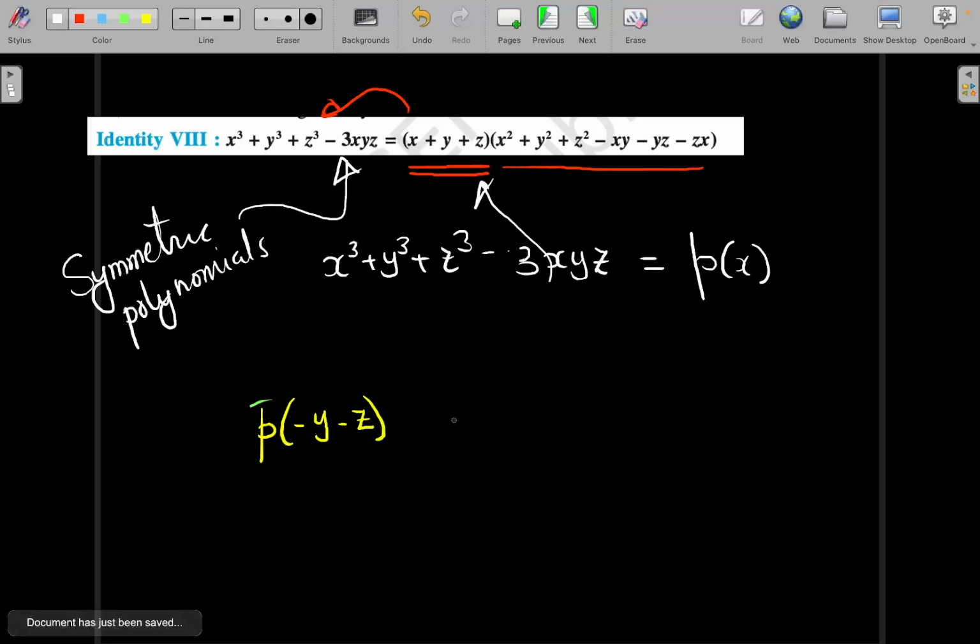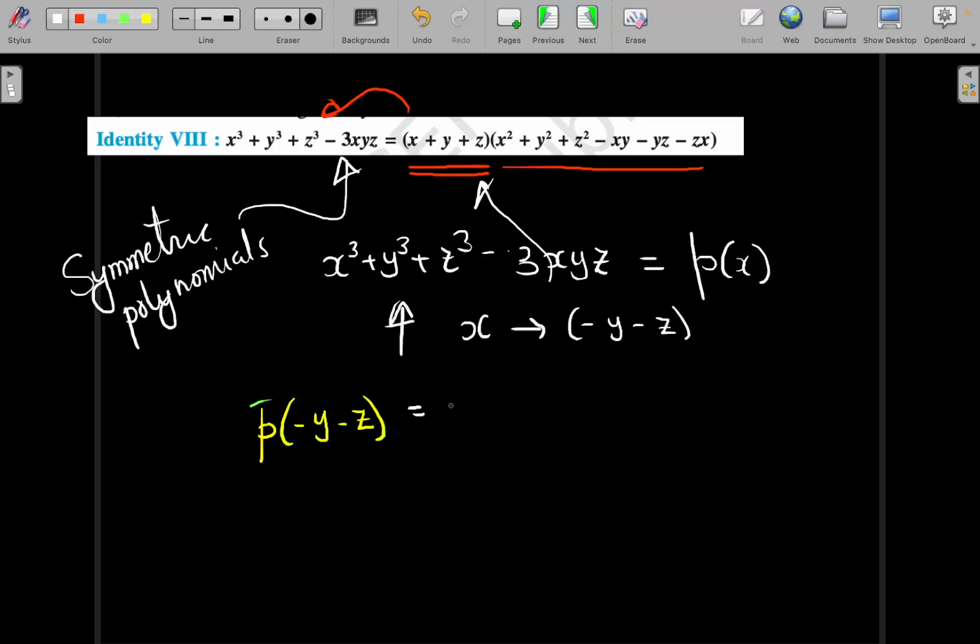Okay, so here it is. I want to evaluate p of minus y minus z, which in this polynomial means wherever there is x, you replace it with minus y minus z. It's a polynomial in x.